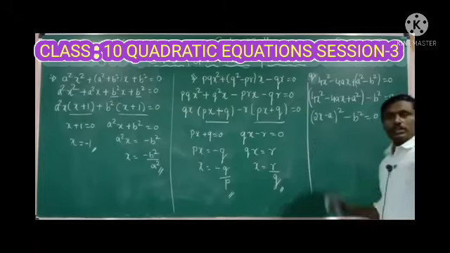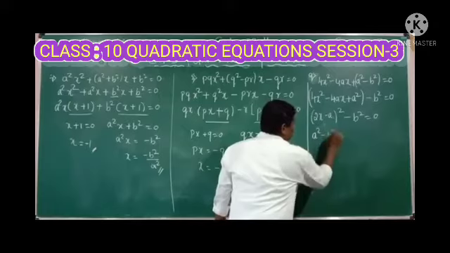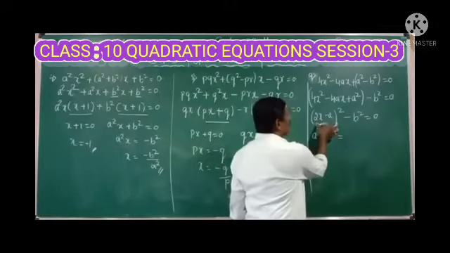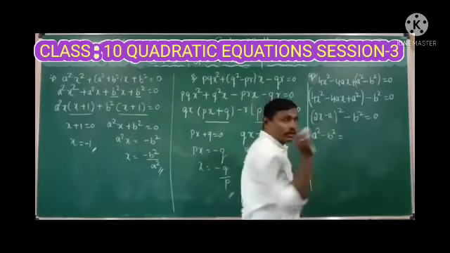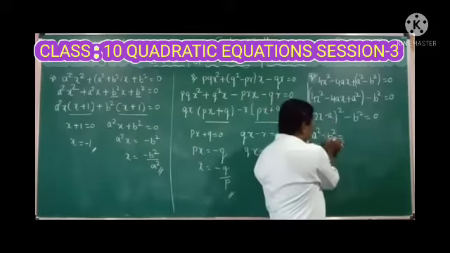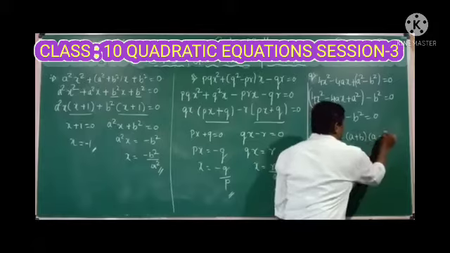Now these two terms are in the form of a squared minus b squared, where we are considering the two terms as one term because it is a binomial, right? So a squared minus b squared can also be written as (a plus b) into (a minus b).